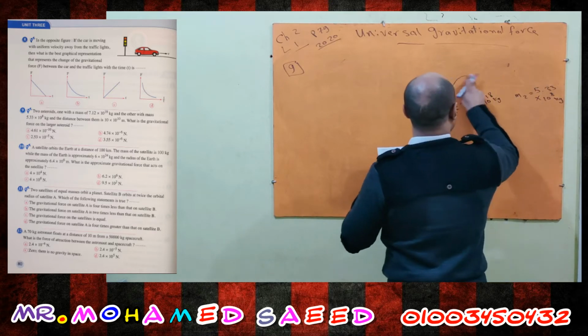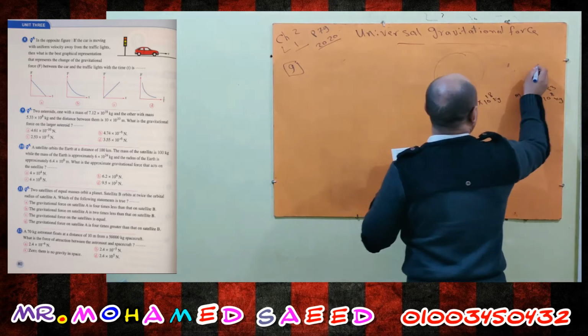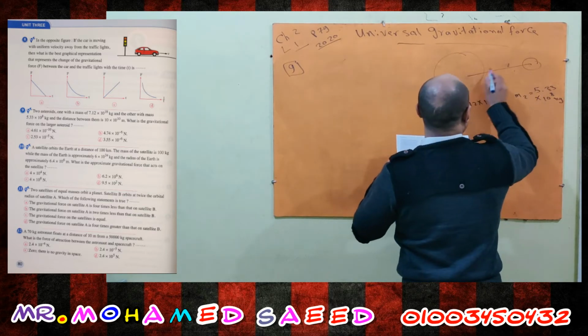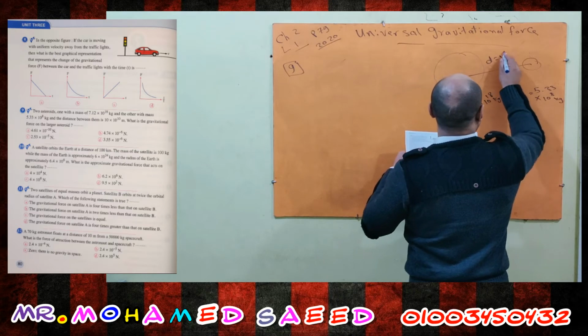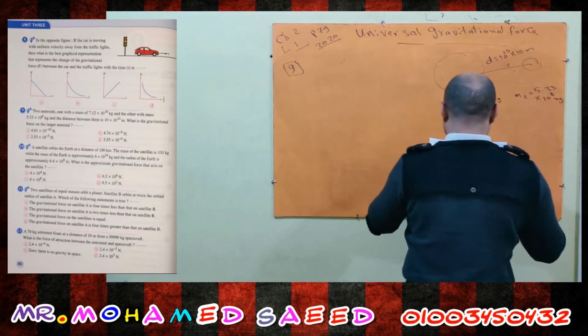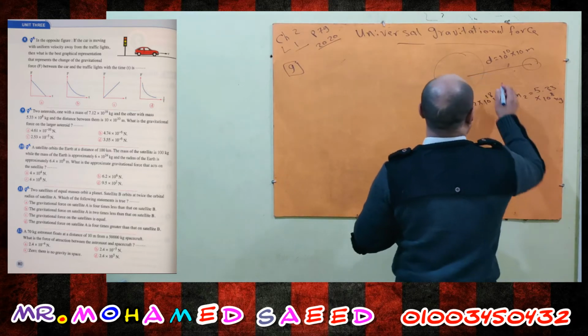This is the larger one, and this is the smaller one, and the distance between them is 10 times 10 to the power 10 meters. What is the gravitational force on the larger asteroid?